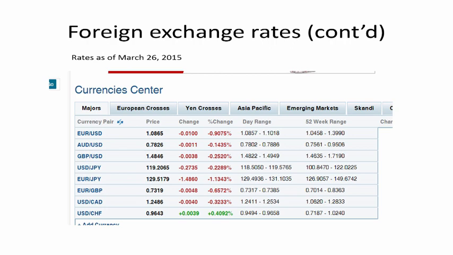These are exchange rates from, I guess about a year and a half ago, March 26th, 2015. And here we have various exchange rates. Euro slash USD, again, that means euros expressed in US dollars. The euro is worth about $1.08 US. Likewise, AUD slash USD, Australian dollar expressed in US dollars.